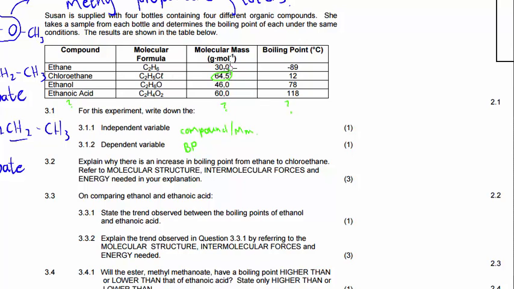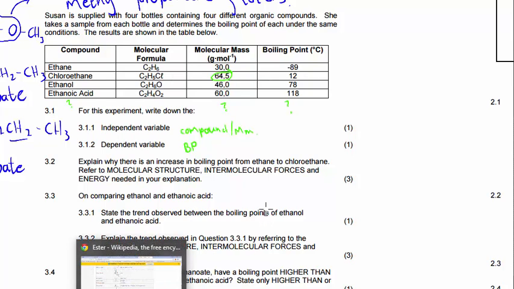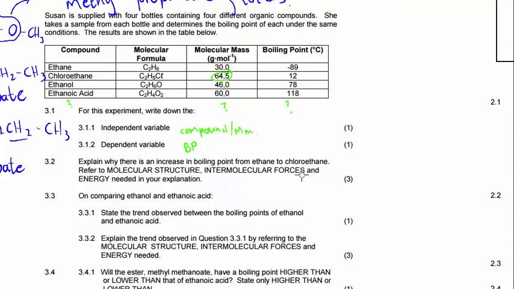What's also different between ethane and chloroethane? Isn't it the lower part? Yes. Chloro, what type of forces exist when we put chlorine in as a molecule? What do you call them?